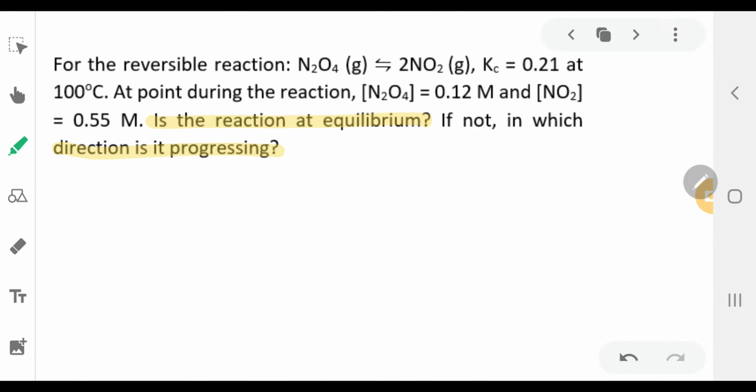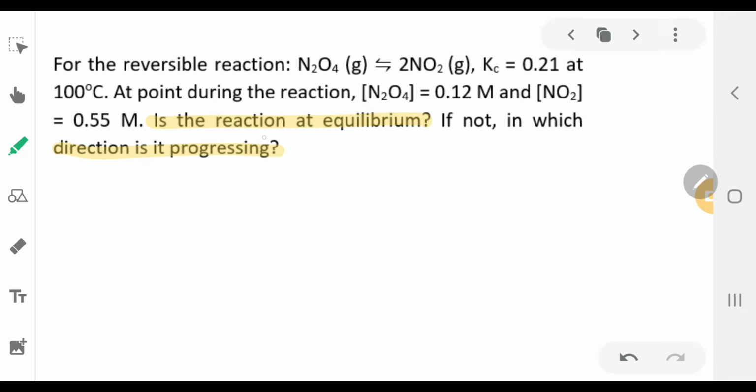So when you read the question, when you know that the question wants you to predict the direction of the reaction, at this point, you don't have to worry about ICE table. You don't have to construct ICE table. But what you need to do is, you need to write the Qc expression.